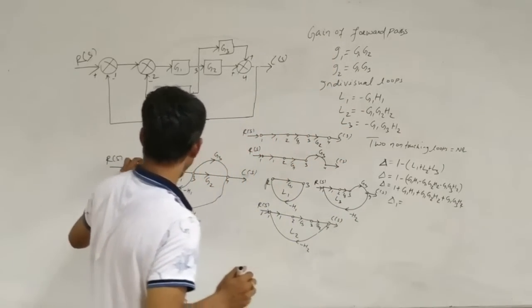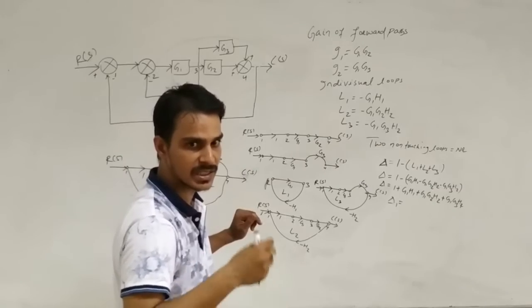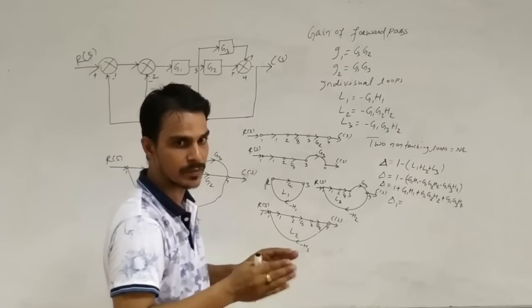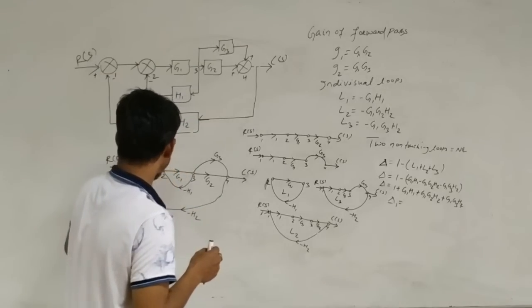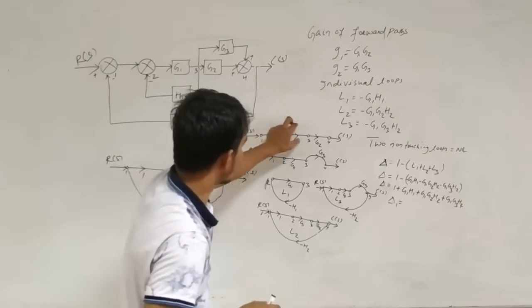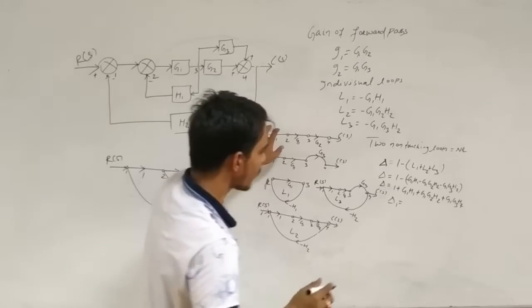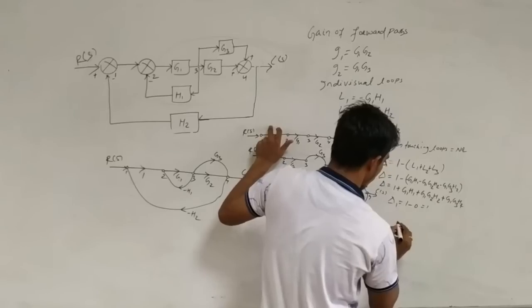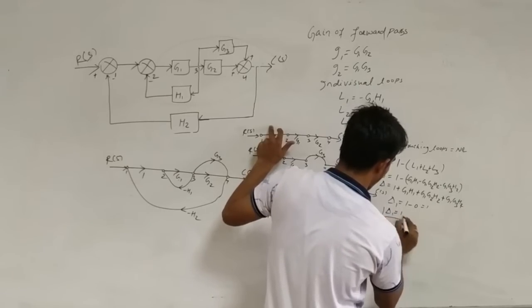We check if there is any loop which is not touching the forward path. If there is, then 1 minus that loop gain. Here every loop is touching this forward path. So 1 minus 0, that is 1. So delta 1 equal to 1.